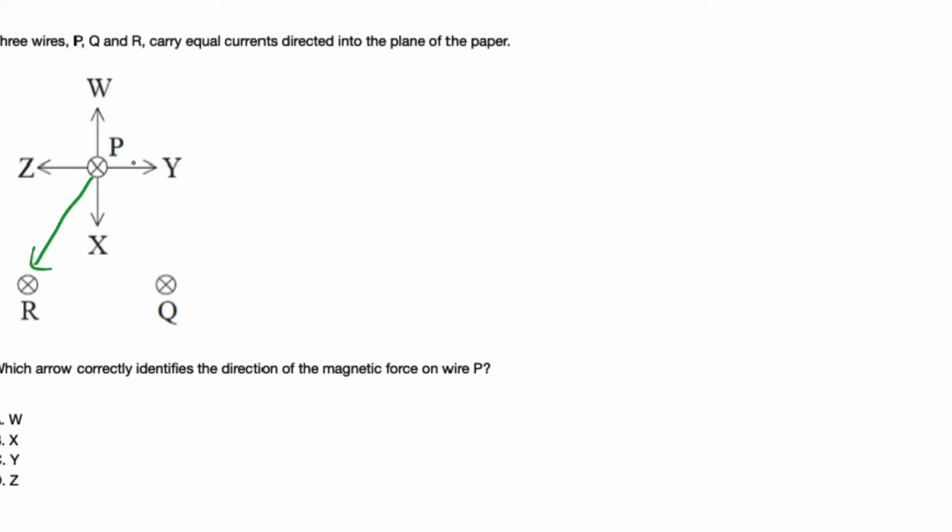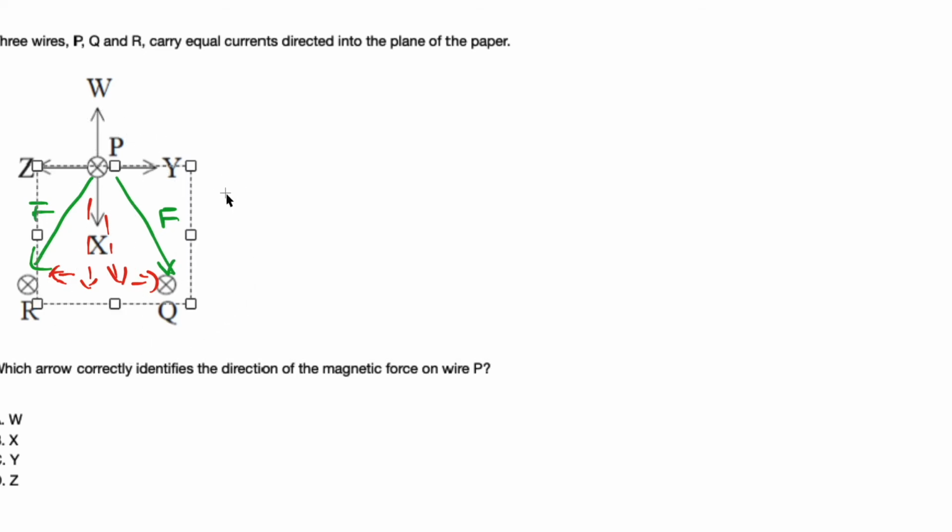So attractive force by R and by Q. And then you can do force components. So downward force, leftward force, downward force, rightward force. So the only direction of force here is gonna be X. So X is gonna be the answer.